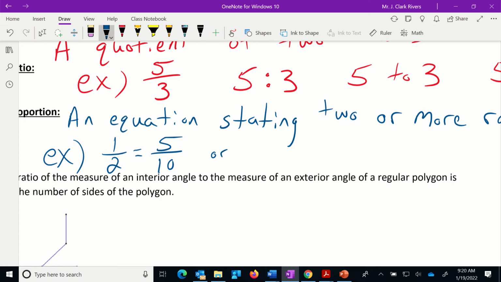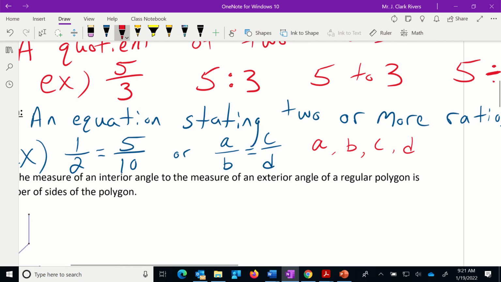Or if we want to make it with some letters here, A to B is equal to C to D. If we were going to list this out, we would list it out like top left first, A, bottom left second, B, top right third, C, bottom right fourth, D. Now, notice A and D, where are they located?